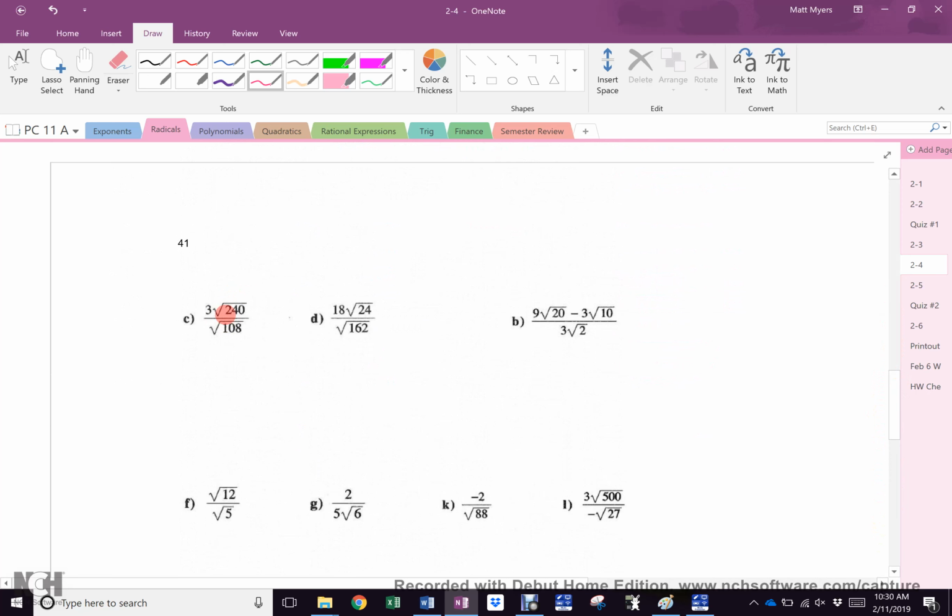What should I do here first? Simplify. What should I do here first? Simplify. What's weird here? I need to simplify, but then what am I going to multiply by here?